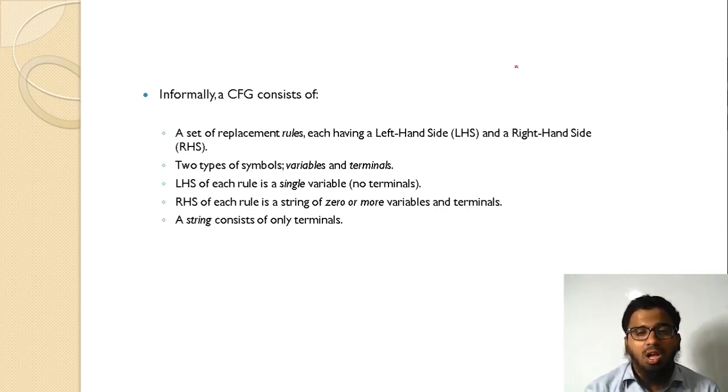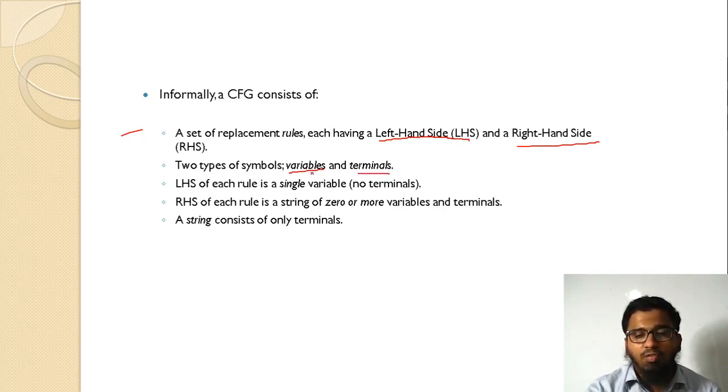So what is this? A set of replacement rules, each having a left side LHS and a right side RHS. There will be two things, LHS and RHS, right hand side. Two types of symbols: one is variable, another one is terminals. Remember this.